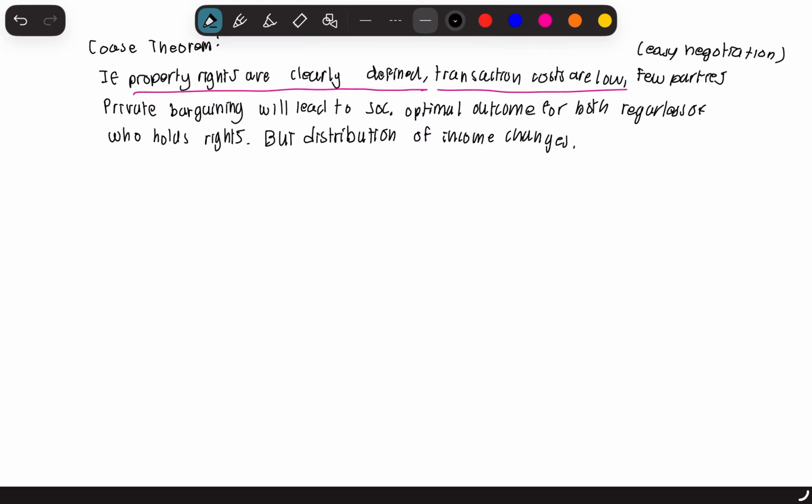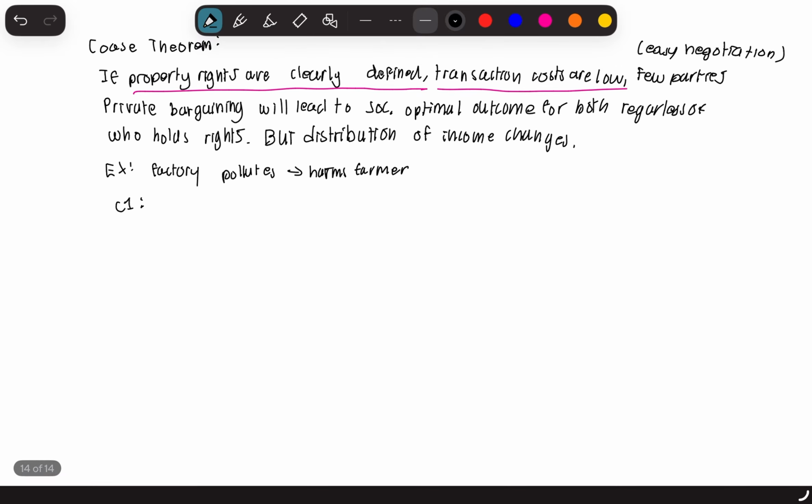So, for example, if a factory pollutes, it harms the farmer. So case 1.